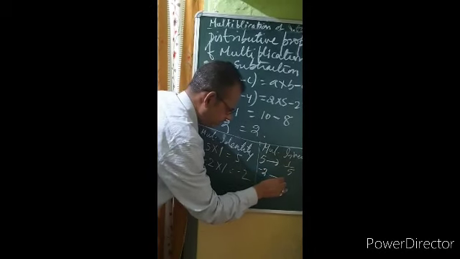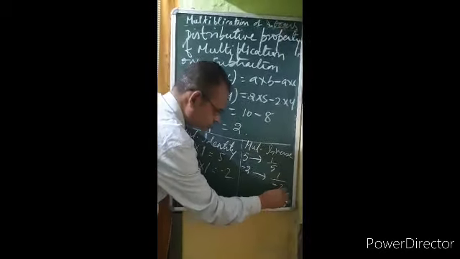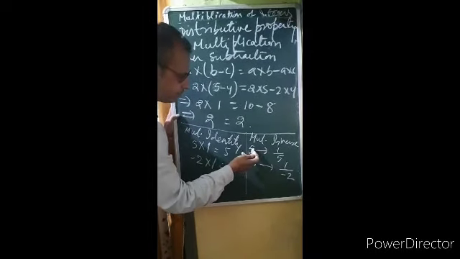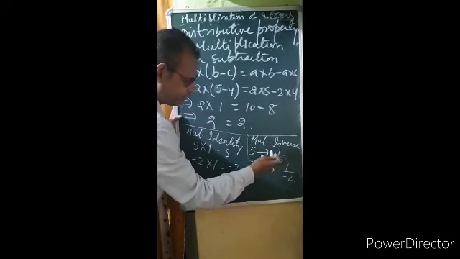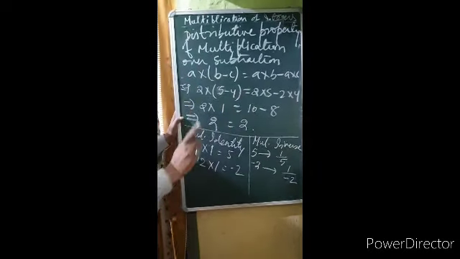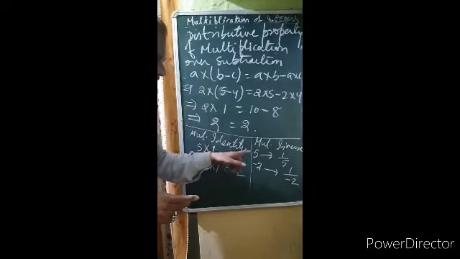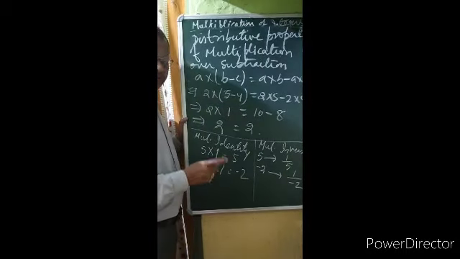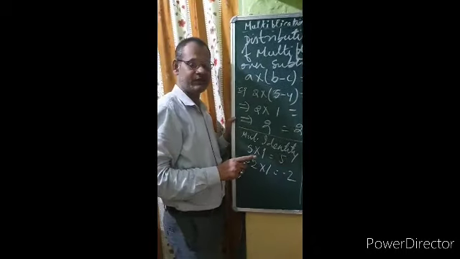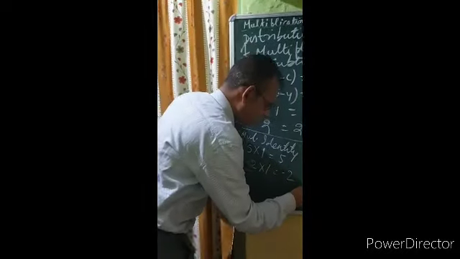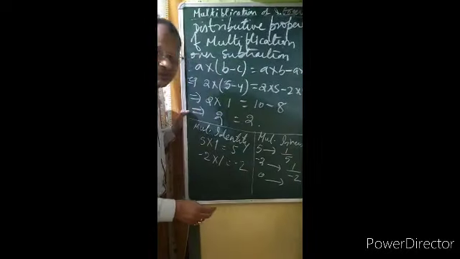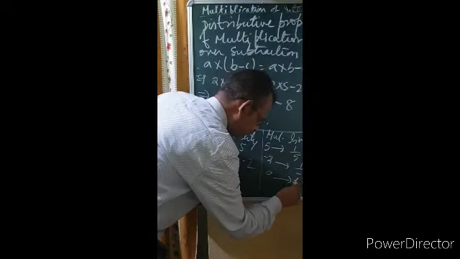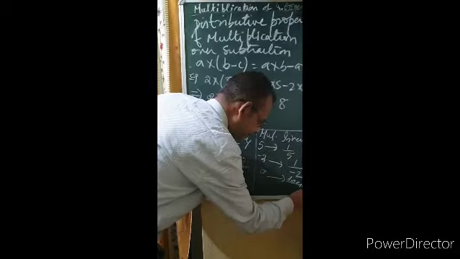Minus 2, its reciprocal will be 1 by minus 2. Okay, now when you multiply an integer and its multiplicative inverse, you will get the answer 1. So the multiplicative inverse is the reciprocal of that number. Now 0 is a number whose multiplicative inverse doesn't exist. Its multiplicative inverse should be 1 by 0, but 1 by 0 doesn't exist. So we will write: doesn't exist.